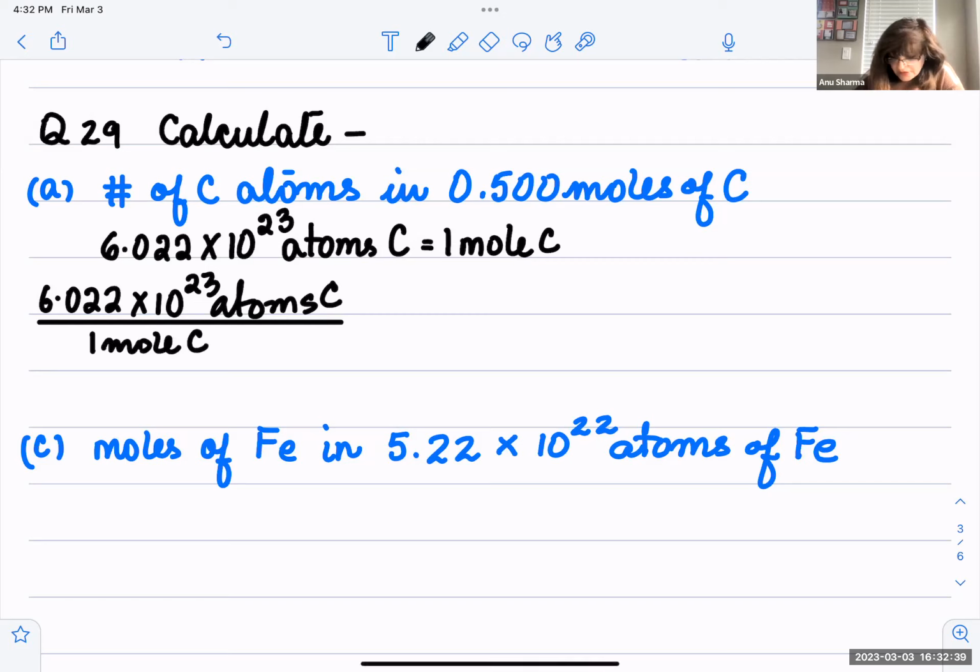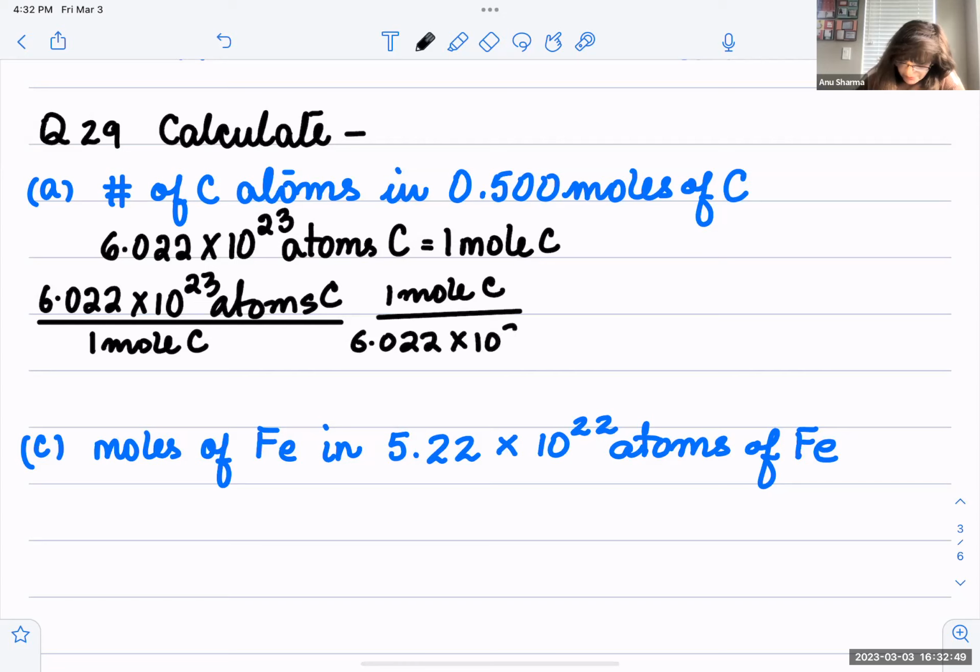And the other conversion factor is 1 mole of carbon over 6.022 into 10 to the power 23 atoms of carbon. So these are the two conversion factors.